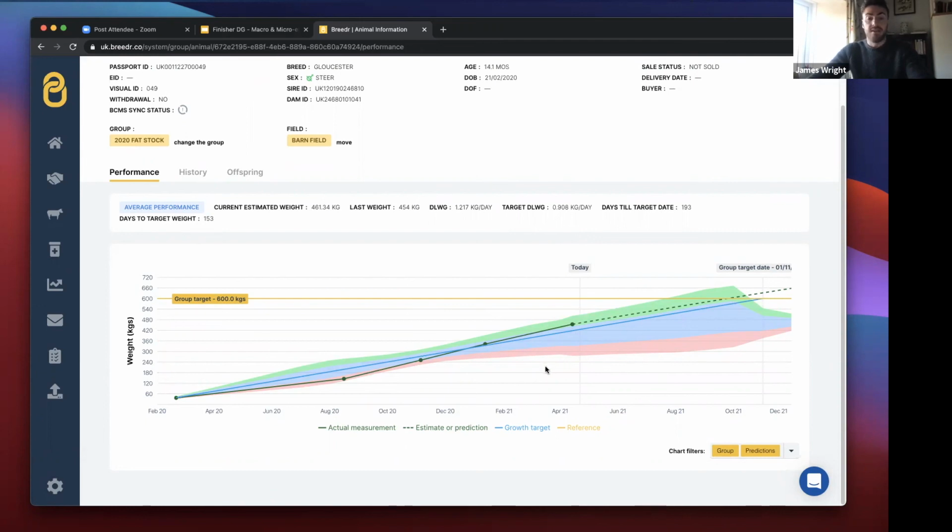So again, even though my diet in terms of energy and protein and everything else should be achieving the target, if I'm not, then this kind of graph can highlight that, and it can show you particular areas that you may be lacking.